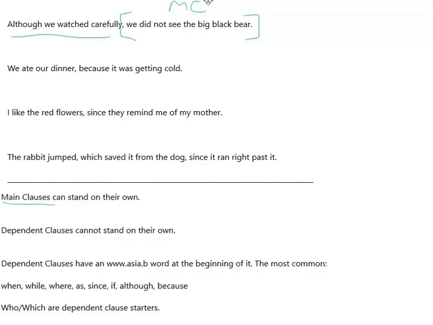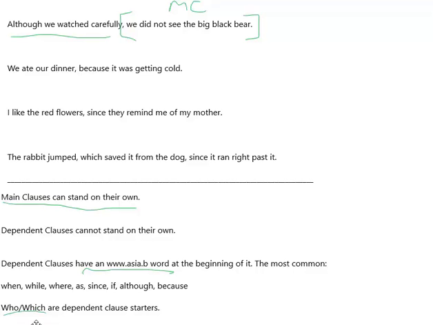So remember, main clauses can stand on their own. What about dependent clauses? Well, dependent clauses usually have an AAAWWWUBBIS word at the beginning of it, or a who-which clause. The most common are when, while, where, as, since, if, although, because, or who-which.